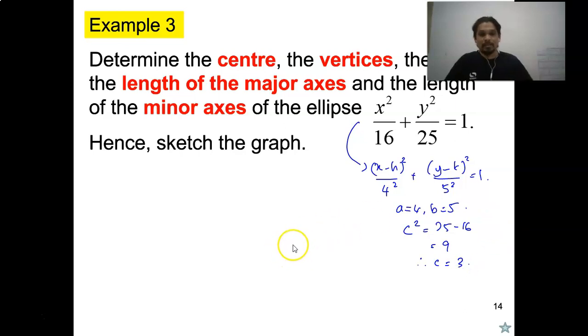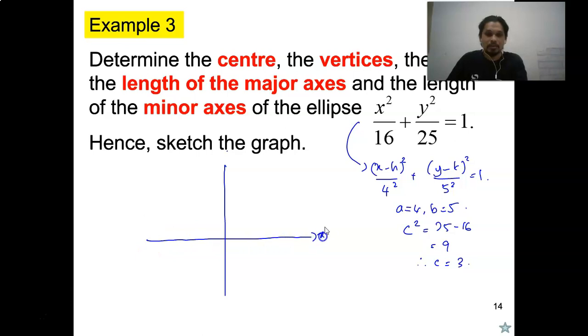Because this is a simple example, the center of this ellipse, h and k, are 0 and 0. So h equals 0 and k equals 0. The center is at the origin point 0, 0 here.